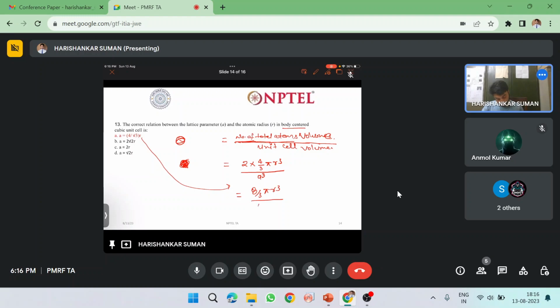It is 4 by 3. Okay. So r cube cancels out. 64 by 3 equal to 3. 3 cancels out. It is root 3 pi by 8.